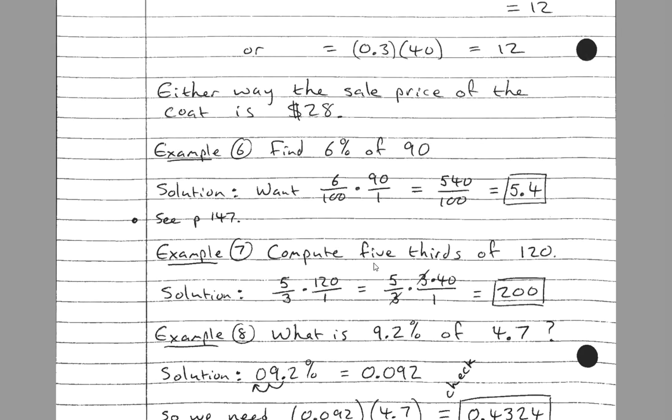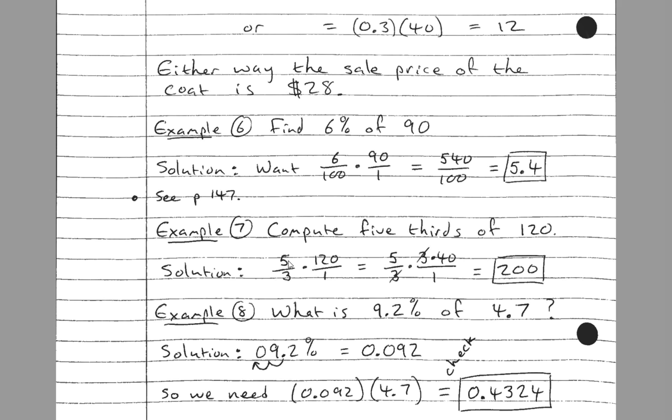Okay, how about compute 5/3 of 120? All right, so this is a fraction part of a number. And we just have this fraction, 5/3 times 120 over 1. Okay, this time I am going to pre-cancel. 120 is 3 times 40, so I've got a 3 on the top and a 3 on the bottom.